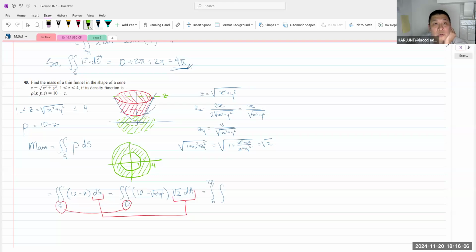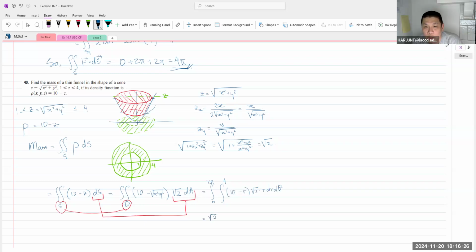So the radius is 1 to 4. And then we get 10 minus r, square root of 2, r dr d theta.